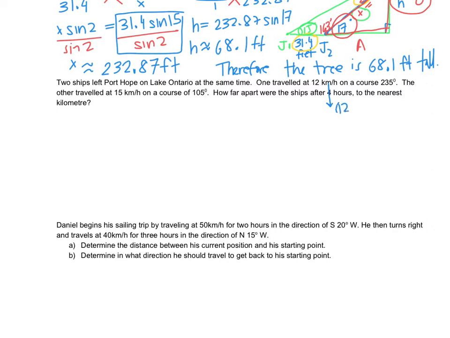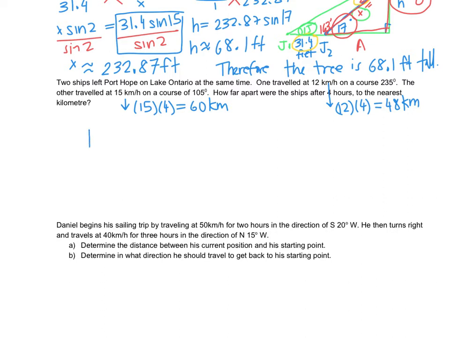So 12 times 4 is 48. So 48 kilometers for the first ship. And then the second ship, 15 kilometers per hour for 4 hours. That will be 60 kilometers. And I need to calculate this so that I can label those side lengths once I do my little diagram.